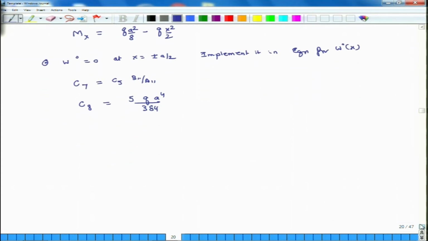If we put all these things together, what we get is W naught x equals a to the power of 4 times q divided by 384 D11 into 16 x by a 4 minus 24 x by a square plus 5.